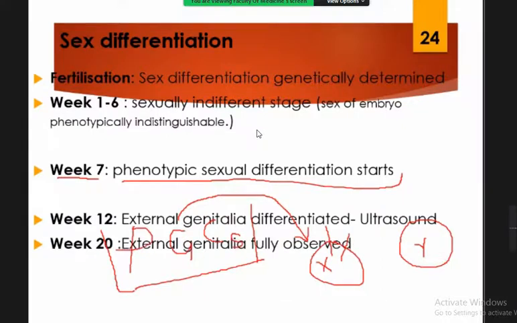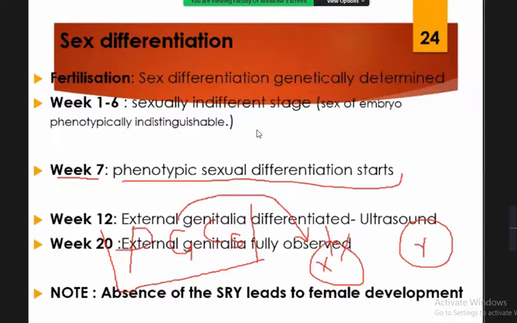And of course, at week 20, the external genitalia has fully formed. Note, and this is something I talked about earlier on, that in case of absence of an SRY, then by default, this embryo is female.